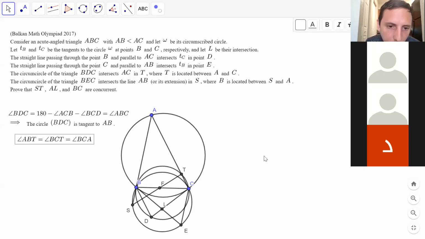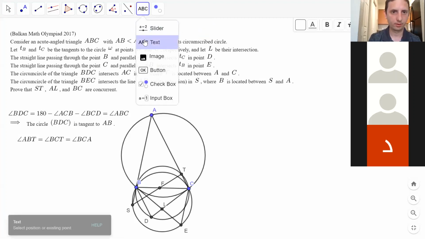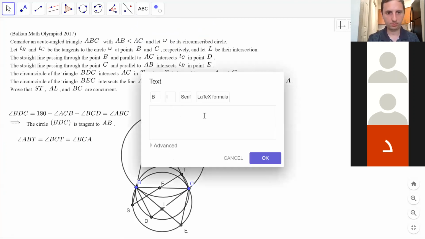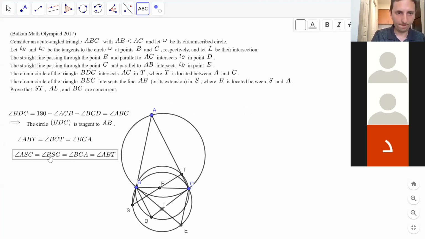And ASC is BSC, which is BCA. So we have that means BT is parallel to SC.